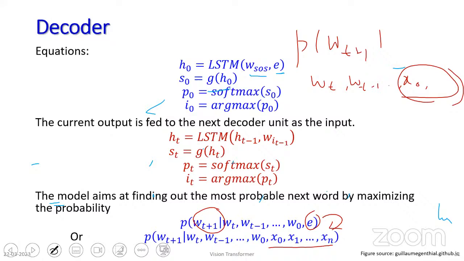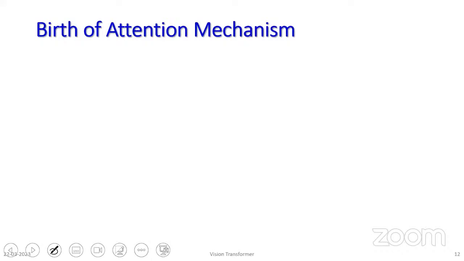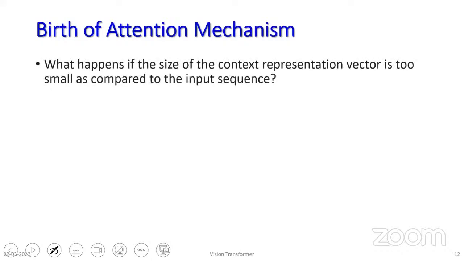When this encoder-decoder architecture was there, why was attention required? What is the attention mechanism? What happens if the size of the context representation vector is too small compared to the input sequence? For example: the bear could not cross the road because it was too tired.